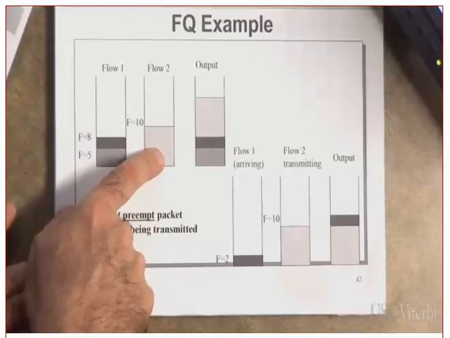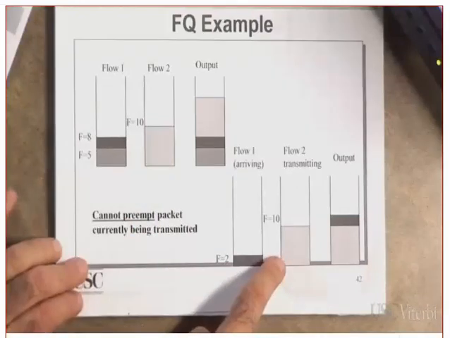What is this? This is the finishing number of packet k of flow i, at what? At time t. This packet k arrived in flow i at time t.